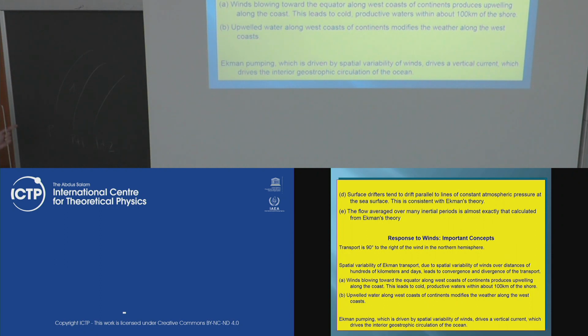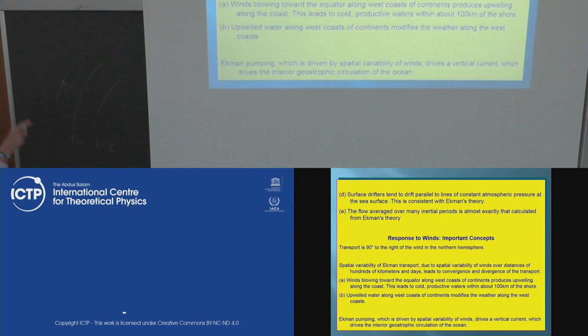I think it's right. Okay. So due to friction, the real vector will be different. We have the pressure gradient force this way, and the Coriolis force that way, right? So due to friction, the real current vector will be deflected to the left.